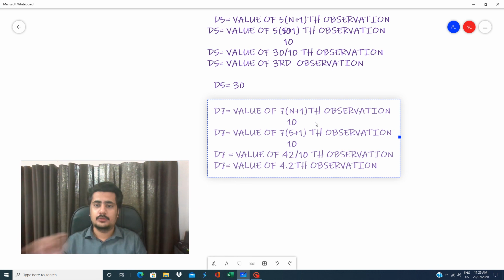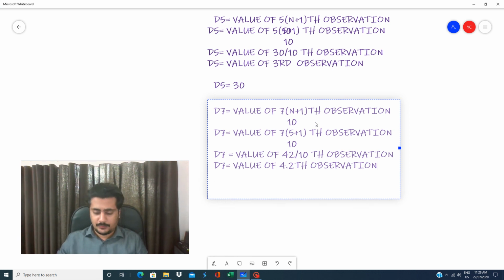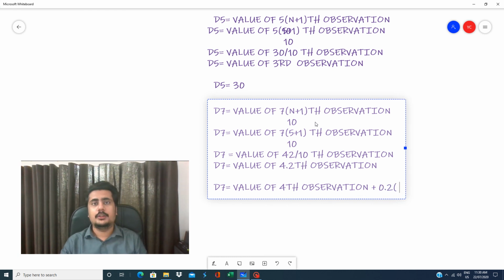It is the 4.2th observation. Now what is this 4.2 actually? You remember how I will solve it. 4.2 means I will separate the 4, so it's value of 4th observation plus 0.2 into.